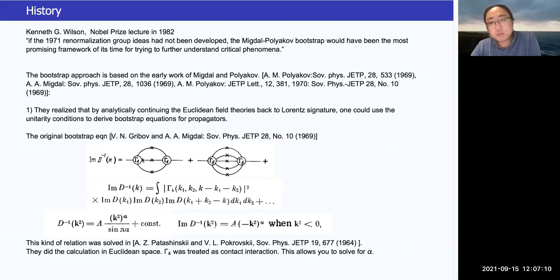So this diagram basically gives you the self-energy of your calculation of renormalization. And you remember the self-energy actually appears in the denominator of your propagators. So that's why there's a negative, there's an inverse here.